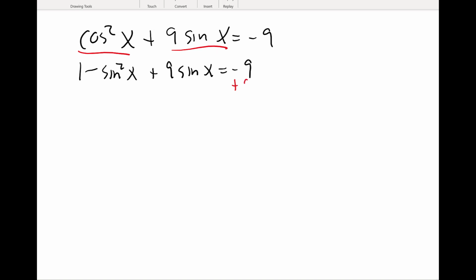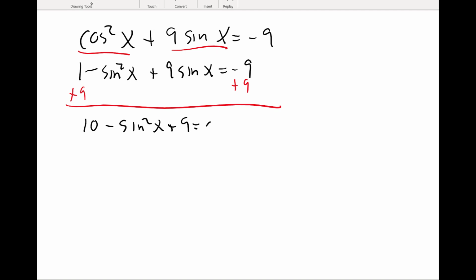And then we add 9 to both sides. So then it'll have 10 minus sine squared x plus 9 sine x equals 0. And I like to write that as negative sine squared x plus 9 sine x plus 10 equals 0.